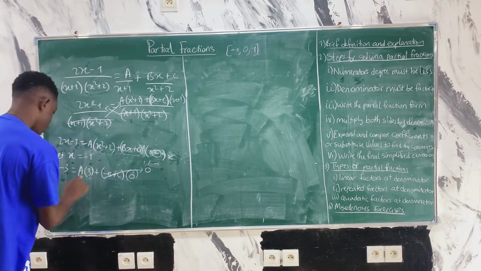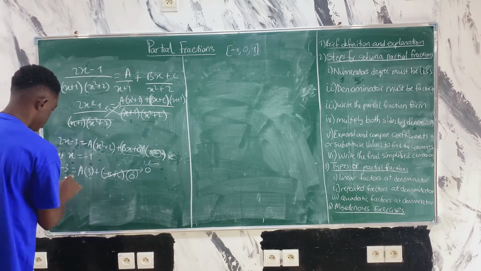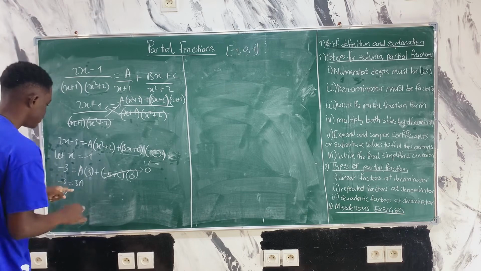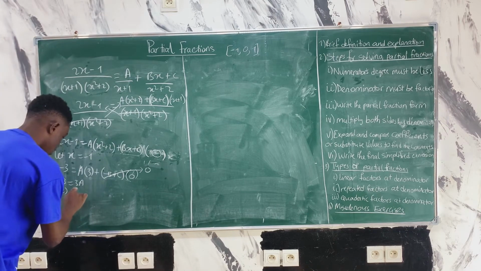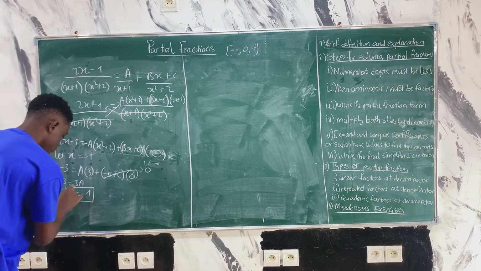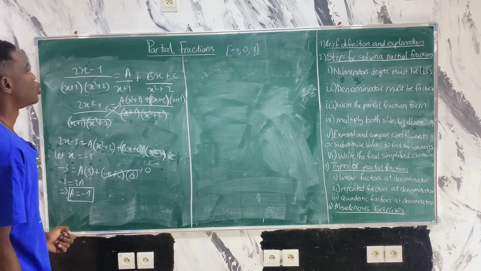So here I'm left with -3 is equal to 3a, which implies if I divide all through by 3, I'll have a is equal to -1. So that is our first value of a.